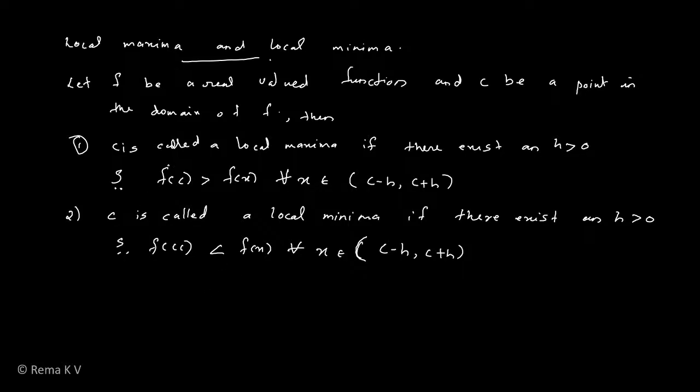And here in this case f of c is called the local maximum value, and here in this case f of c is called the local minimum value. C is the local maxima and f of c is the local maximum value. Here C is the local minima and f of c is the local minimum value.